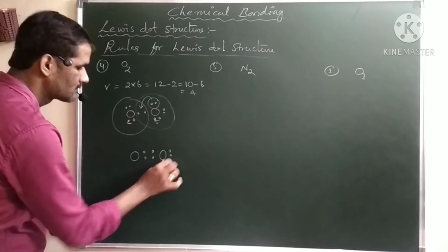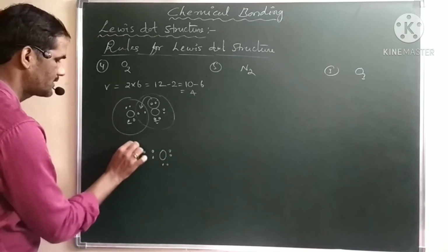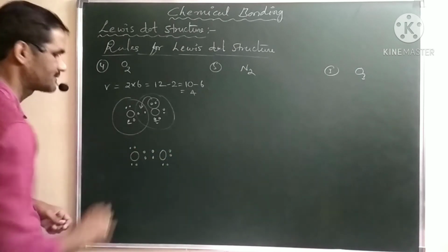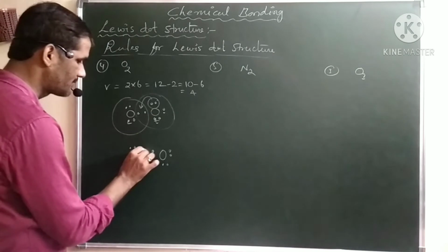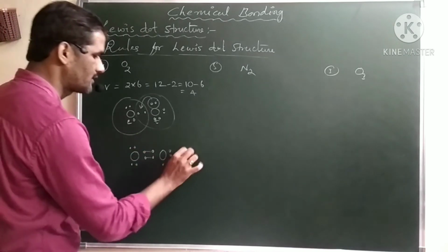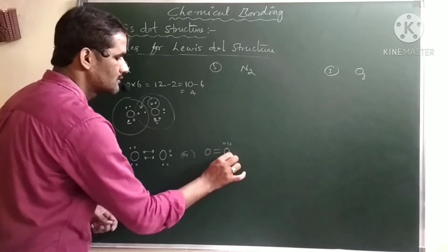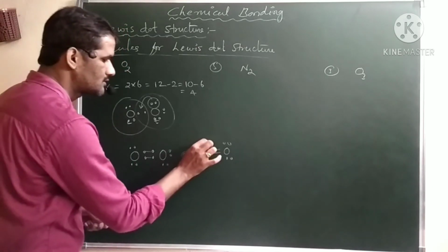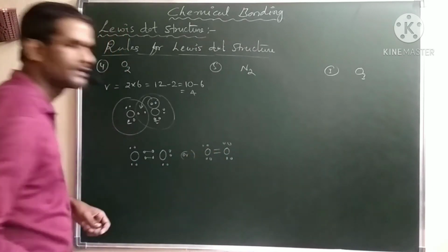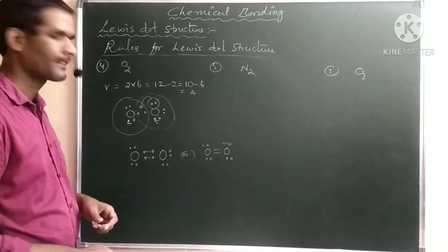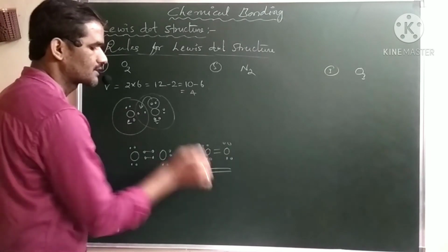Now we have 2 more pairs on the oxygen, and here also 2 more pairs. Now this will form a bond, and we can write oxygen double bond oxygen. So 2 unshared pairs, and here also 2 unshared. So this is the overall Lewis dot structure for oxygen.